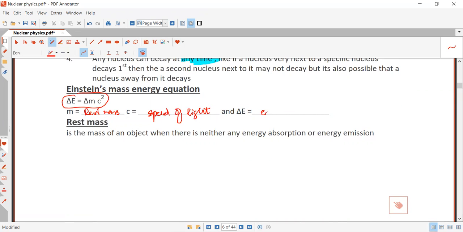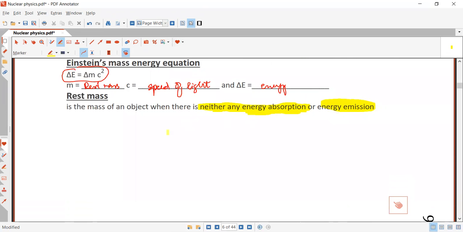And E is the energy, right? So what is rest mass? Rest mass is the mass of an object when there is neither any energy absorption nor energy emission, right?